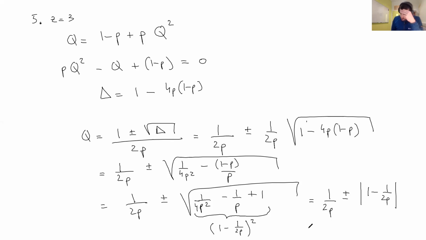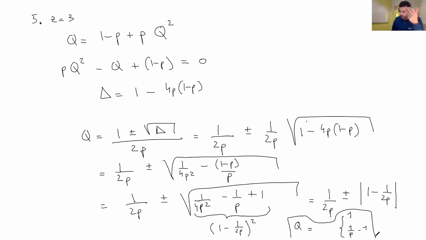So either this is equal to 1, or this is equal to 1/2p plus 1/2p, which is 1/p minus 1. So we found q. There are two possible values so far.